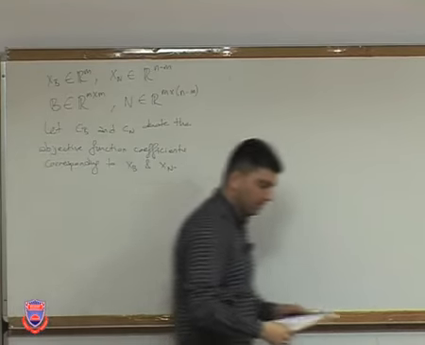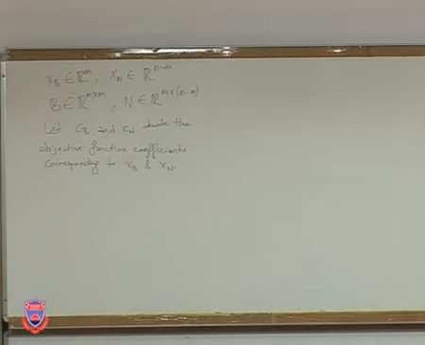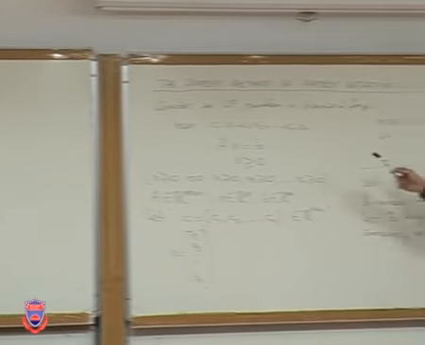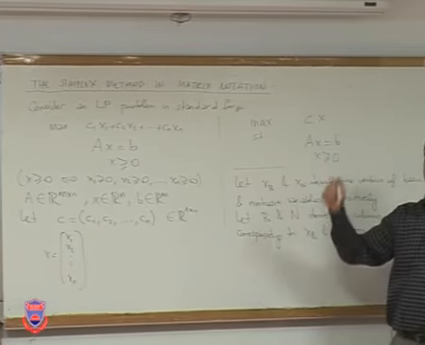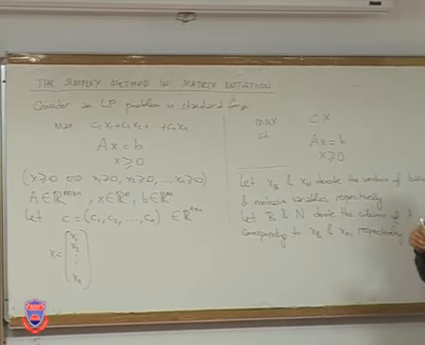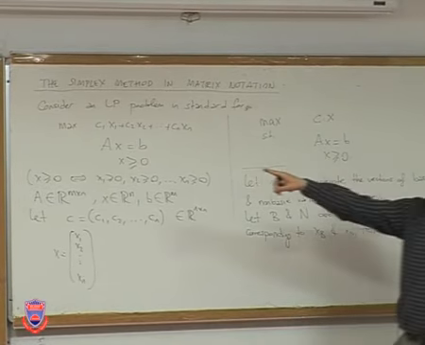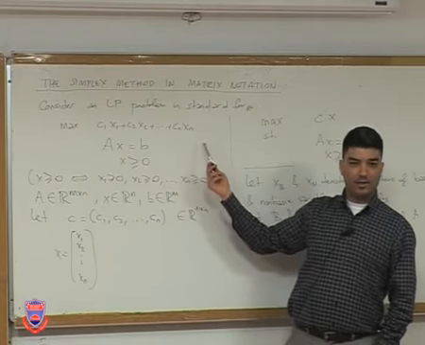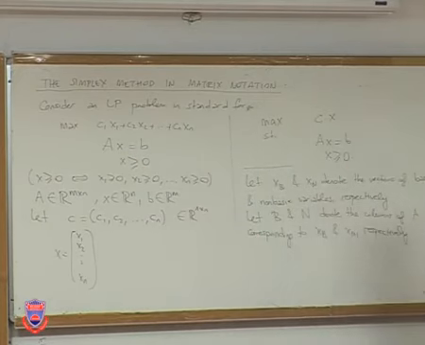Let me try to explain this. For example, suppose that the first variable is basic, the third variable is basic, and the fifth variable is basic, just as an example. So x1, x3, and x5 are basic variables. So then my CB will consist of c1, c3, and c5, basically. So I'm going to just look at the coefficients of my basic variables. And then the rest, of course, will be the coefficients of non-basic variables.